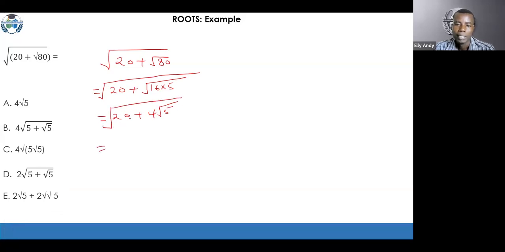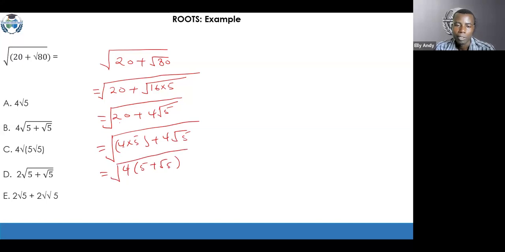Now here, you can see that there is a common term. 4 is common for both of these terms. So maybe we can have another way to look at it to make it simpler. We can have 4 times 5 plus 4 root 5, all under this square root. And then we can factor out 4 here so that we remain with 5 plus root 5.